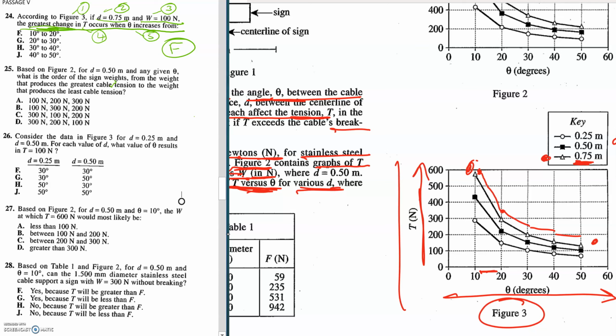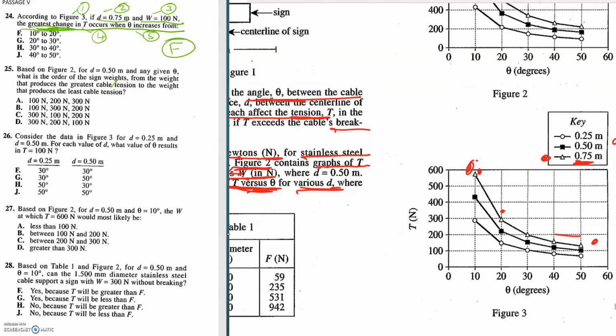Number 25, based on figure 2, so that's going to be my first thing, is to find figure 2. This is going to be number 1, find figure 2 for D equals 50, and any given theta, what is the order of the sign weights from the weight that produces the greatest cable tension to the weight that produces the least cable tension?